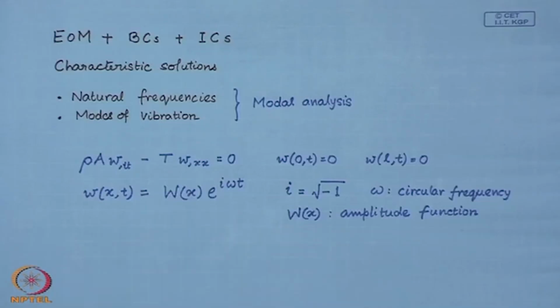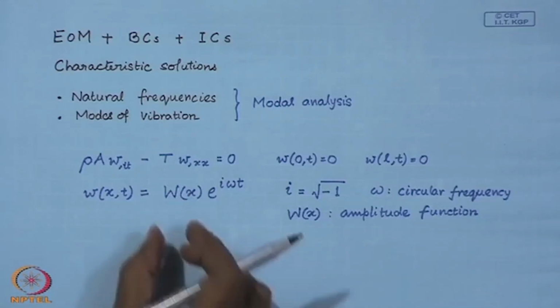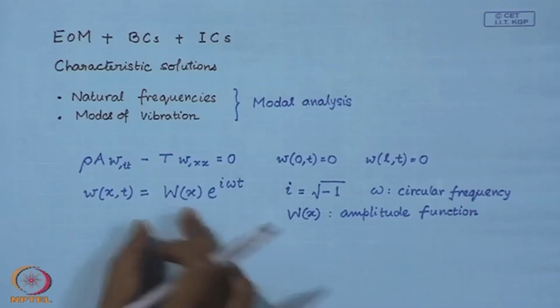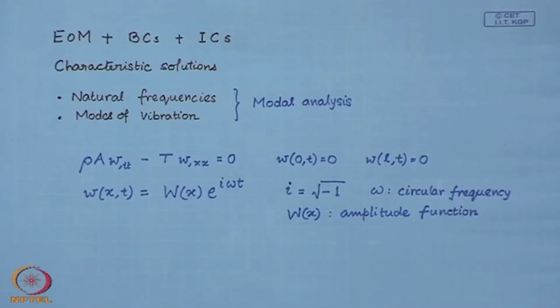Now, they look separated, but remember that we have introduced a solution in the complex form. So, this W may in general be a complex function. In that case, the solution is not strictly separated in space and time, but we will encounter such solutions later in this course.